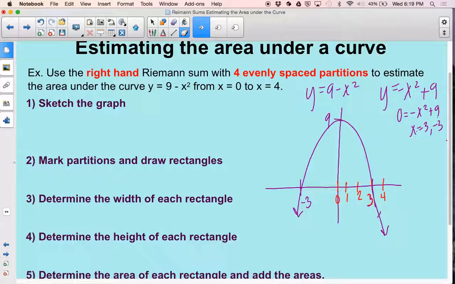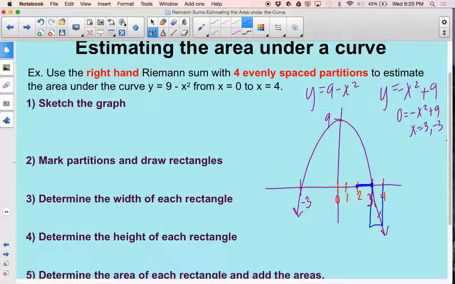Okay, so I'm going to start on the 4, because that's on the right-hand side, and I'm going to go down to my function, over, and up. Now when I'm at 3, I'm going to do the same thing. I'm starting on the 3, going to my function, which I'm actually already on, and then going over and back to the x-axis. You'll notice this is kind of a weird case, but the right-hand rectangle here is just a straight line.